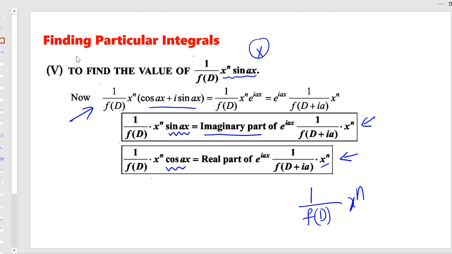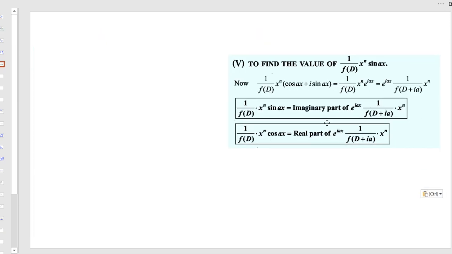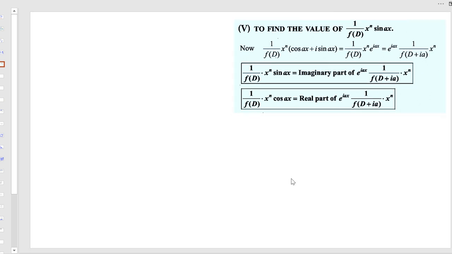If you remember the formula, it is this one. So take this formula and apply it.